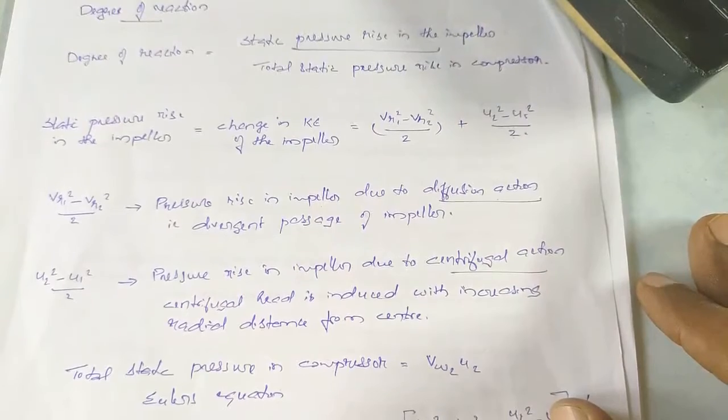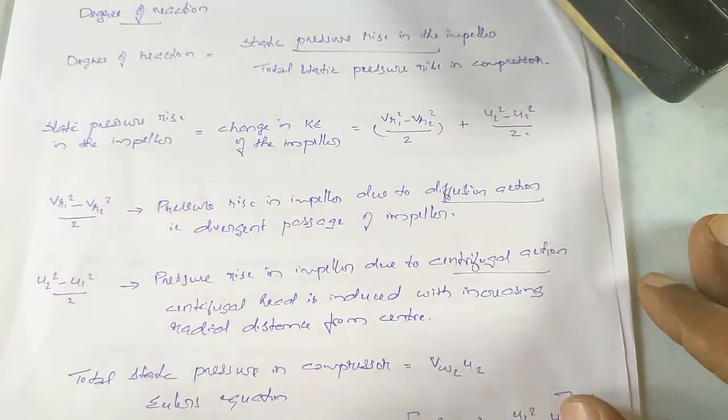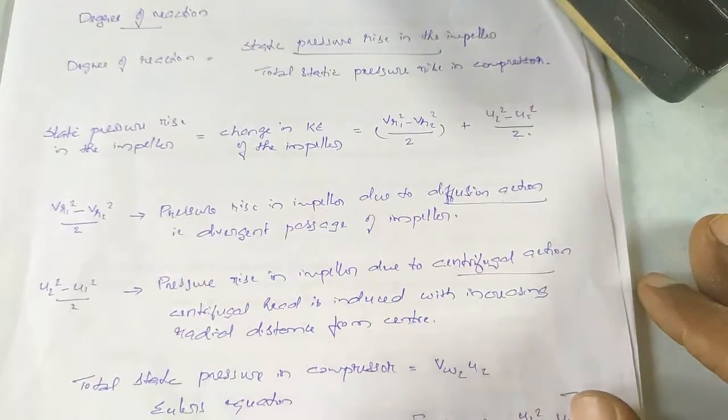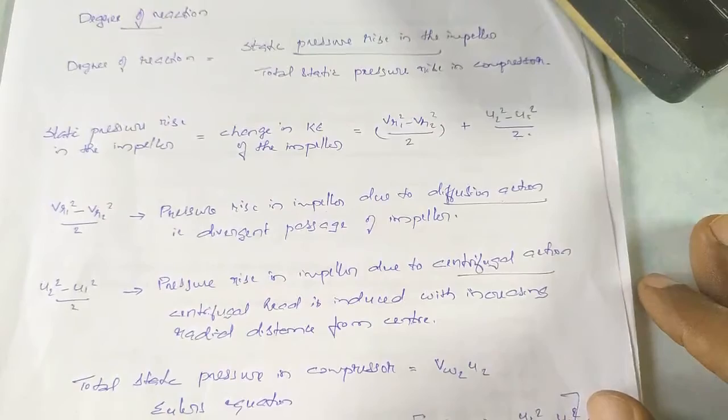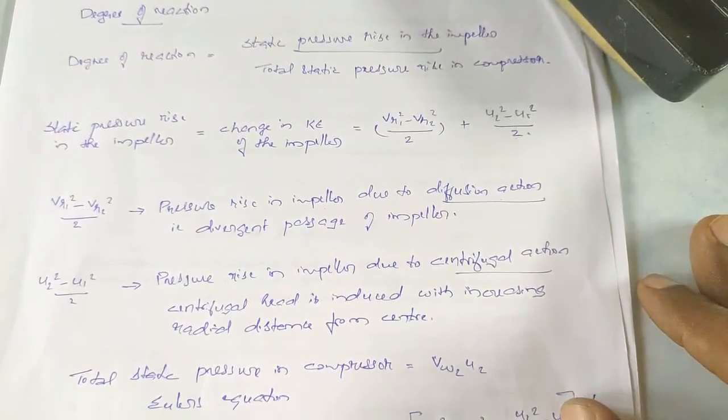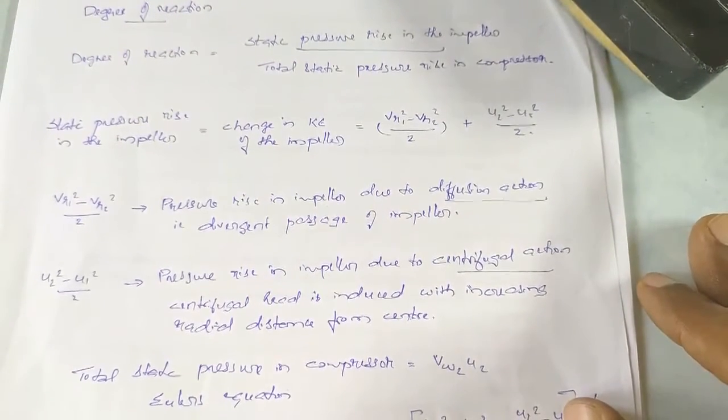This is the component by which the static pressure is made to rise because of the centrifugal action. As the impeller is rotating, when the air passes through the impeller, there will be a centrifugal head imparted, and by the introduction of centrifugal head, the static pressure will rise. That component is (U2² − U1²)/2.